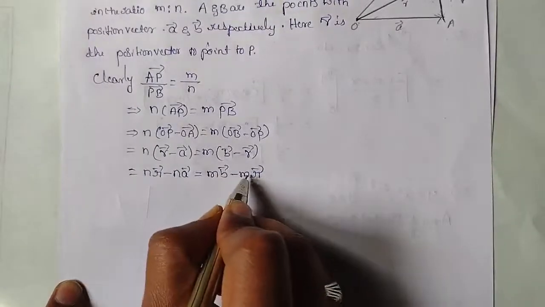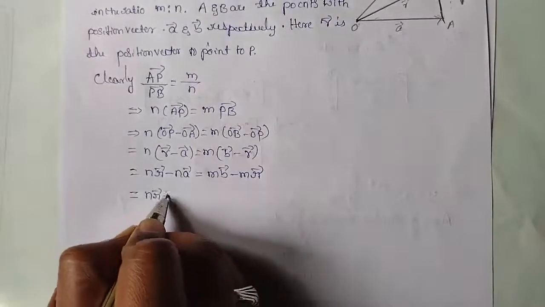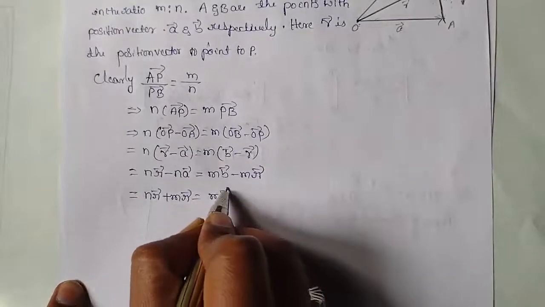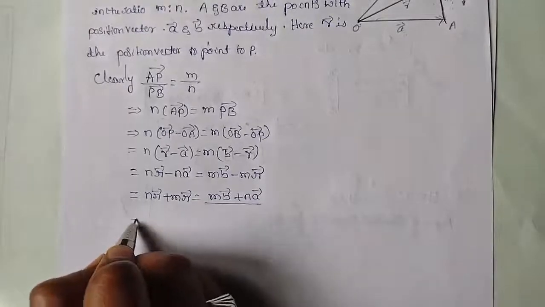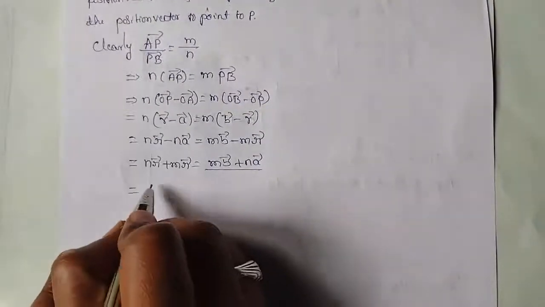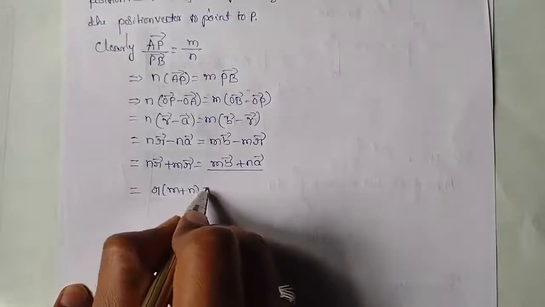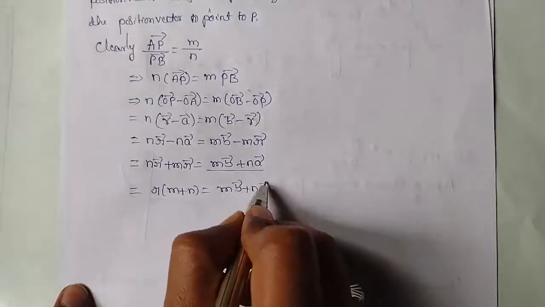By separating the r vectors: n r vector plus m r vector is equal to m b vector plus n a vector. Here r is the common factor, take it outside: r into (m plus n) is equal to m b vector plus n a vector.